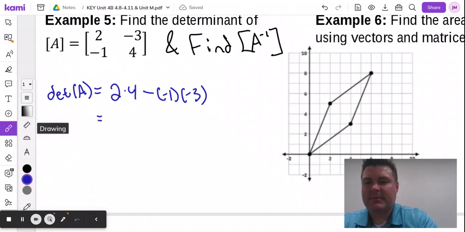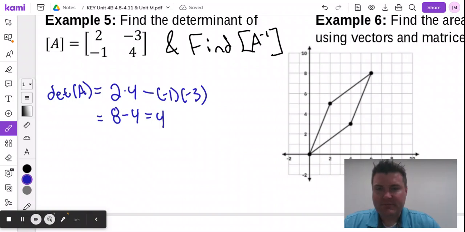So you're going to get 8 minus 4, which is just 4.